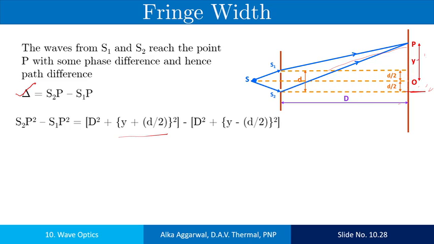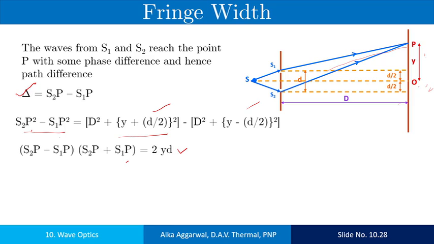Now we take S2P square minus S1P square, so the expression is this one. Using the identity a square minus b square is equal to (a minus b) into (a plus b), S2P square minus S1P square is written as (S2P minus S1P) into (S2P plus S1P).